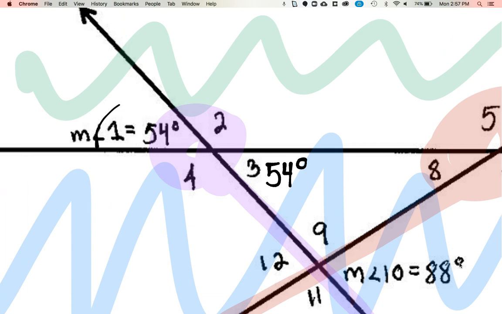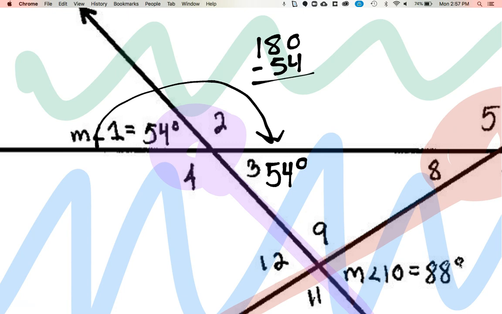We know that these are supplementary, so they should add up to 180. So 180, if I take away that 54, I'm left with what angle 2 must be. So 180 minus 50 is 130, minus 4 is 126.